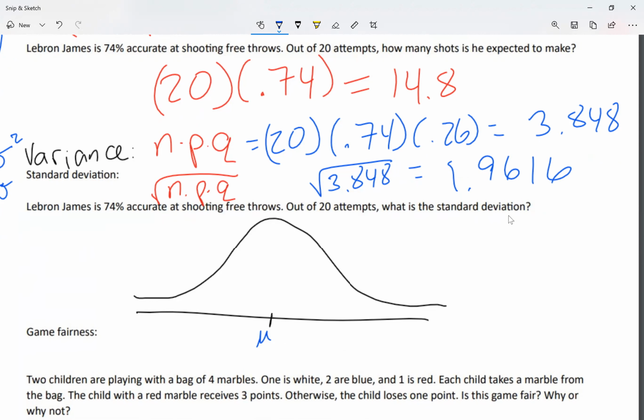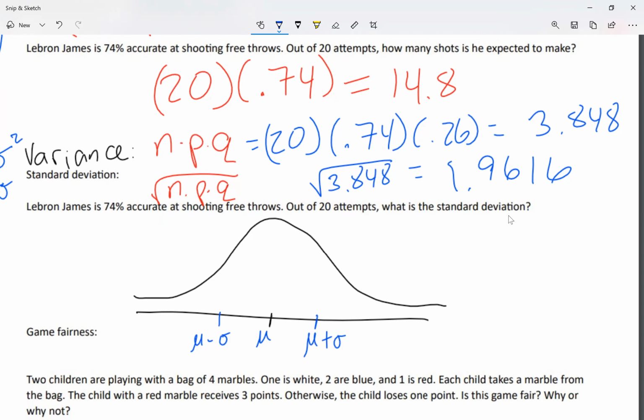Now, if I go from my expected value, mu minus 1 standard deviation, and then mu plus 1 standard deviation, remember that I said the numbers in between in that space will be covering 68% of my data. Remember when we call this the empirical method? Does that ring a bell?